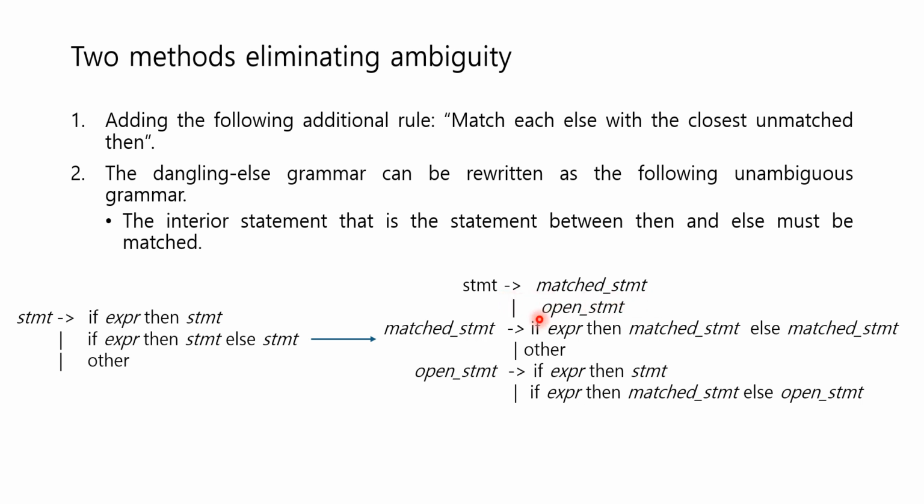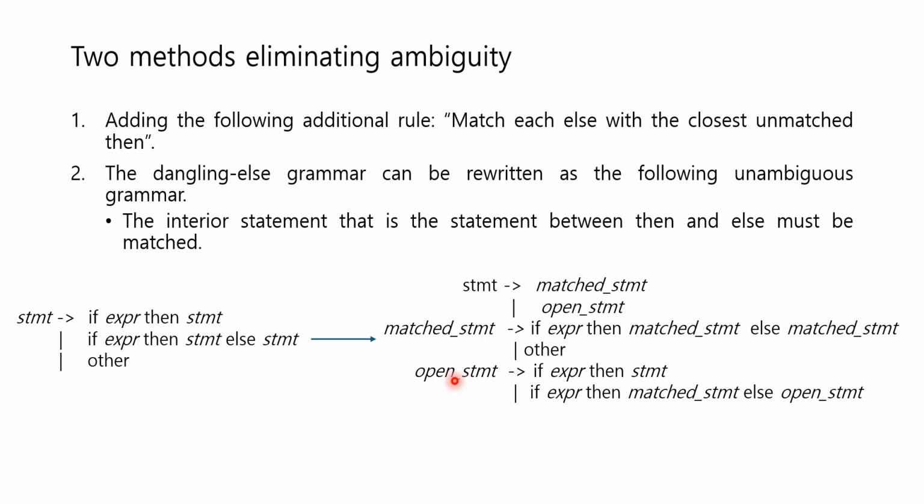producing matched statement or open statement, and matched statement can only produce if expression then matched statement else matched statement, or other. So here, this else is always matched with a then, and open statement can produce if expression then statement, or if expression then matched statement else open statement.